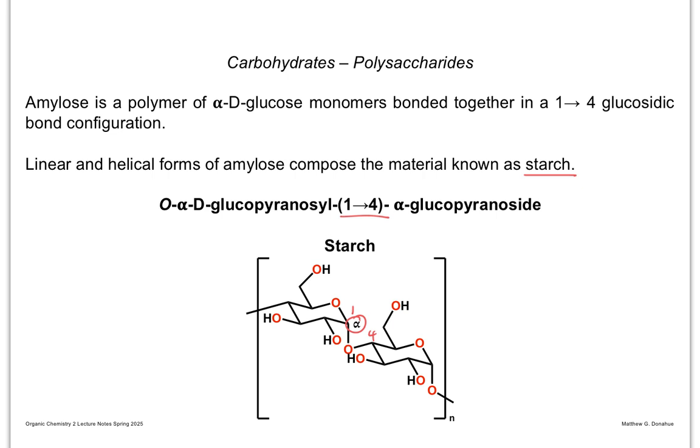Again, if you boiled your sweater, which is made of cellulose, it's going to get wet, but it's not going to disintegrate. So with cellulose and starch, that anomeric configuration makes a huge difference in the properties of the molecule.